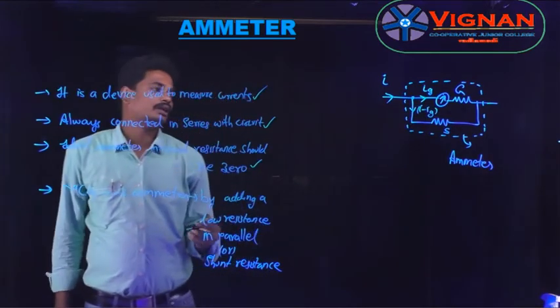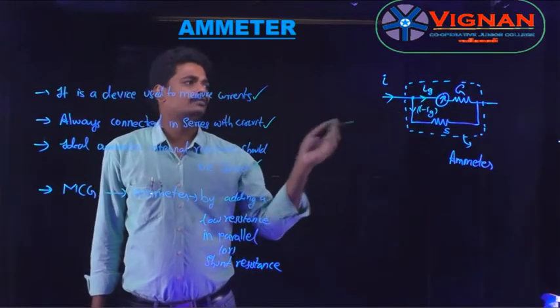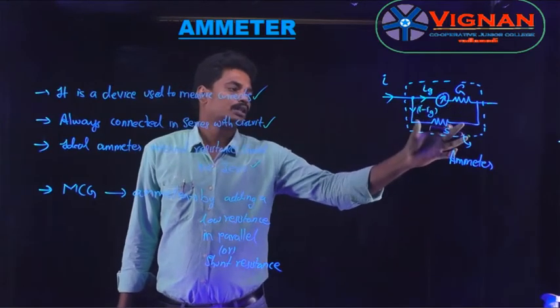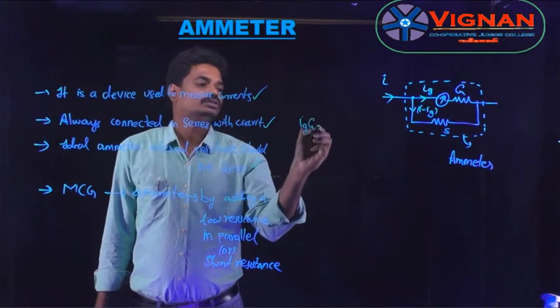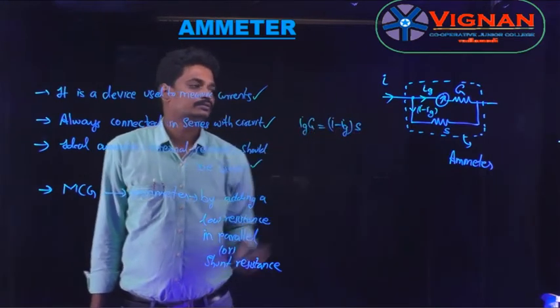As the potential differences are equal, the potential difference across the galvanometer and the potential difference across the shunt are equal. So Ig into G is equal to I minus Ig into S.